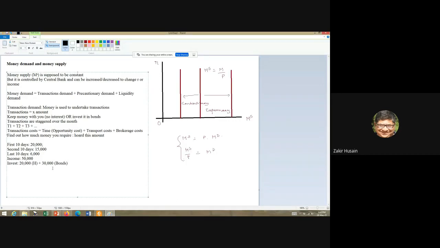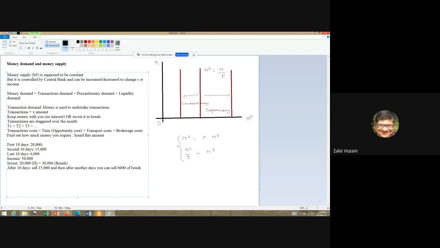After 10 days, you sell 15,000, and then after another 10 days, you sell 6,000 of bonds.